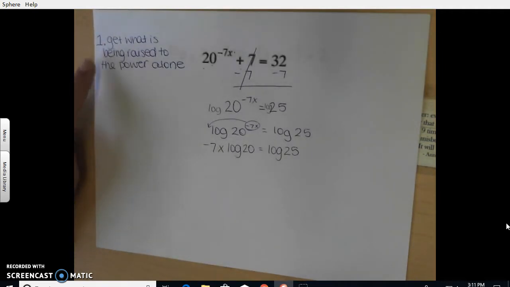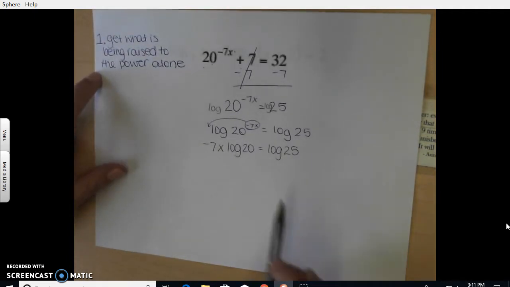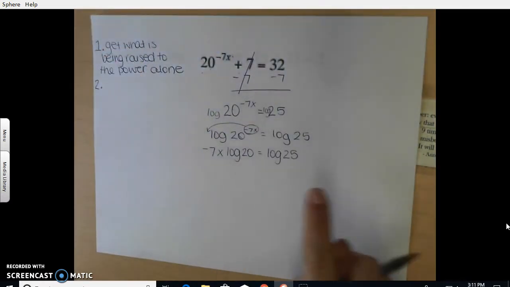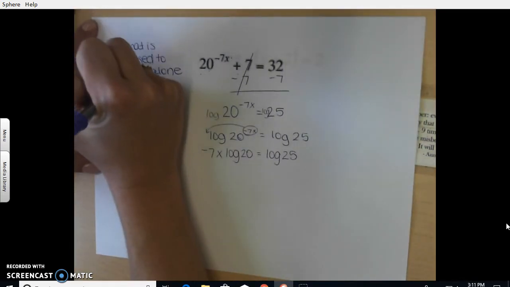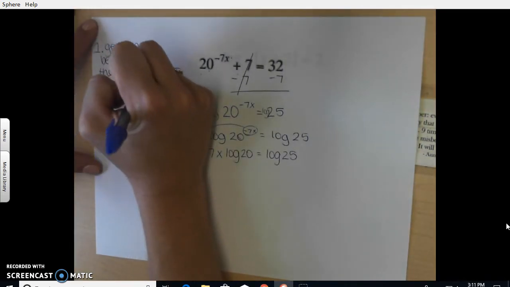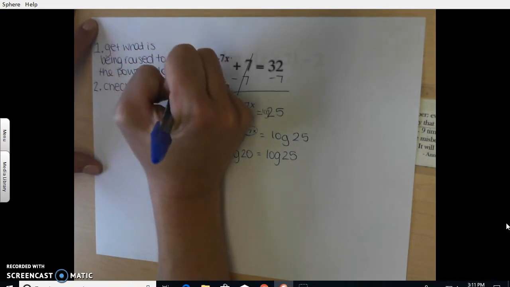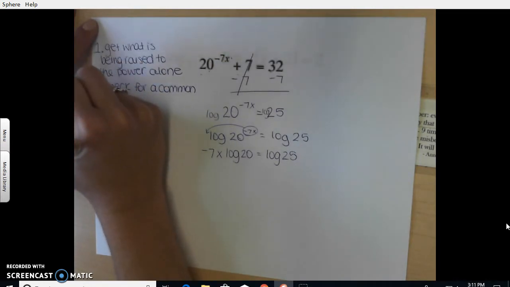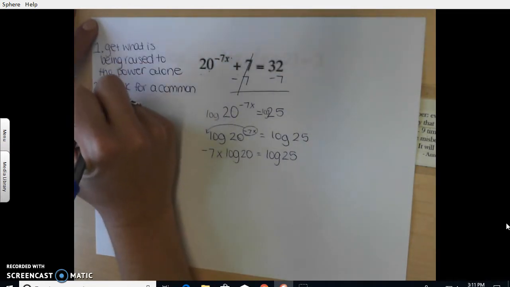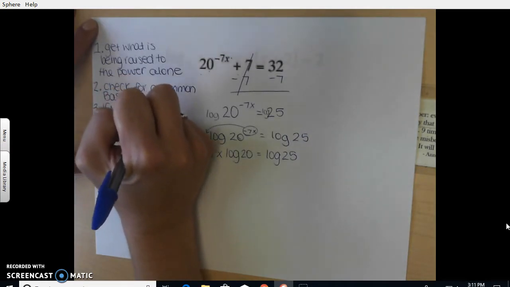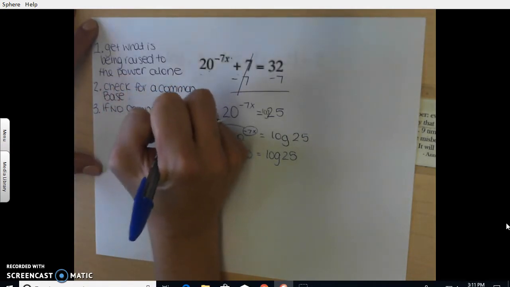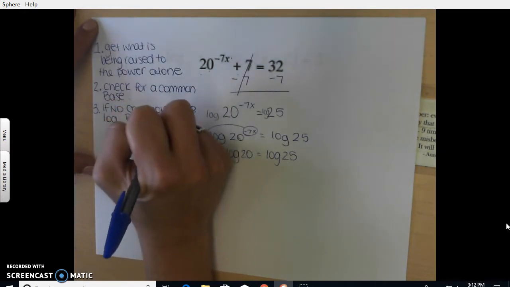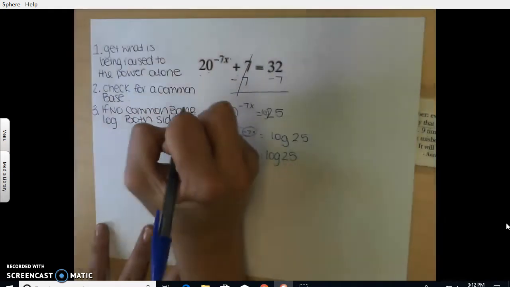So once we got what was being raised to the power alone, we log both sides. And in order to know that we have to log both sides, we check for a common base. If no common base, we log both sides.